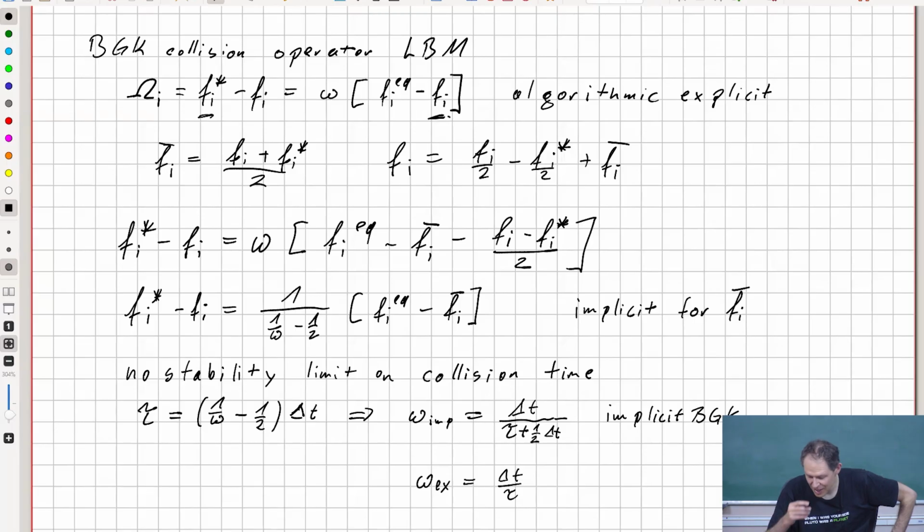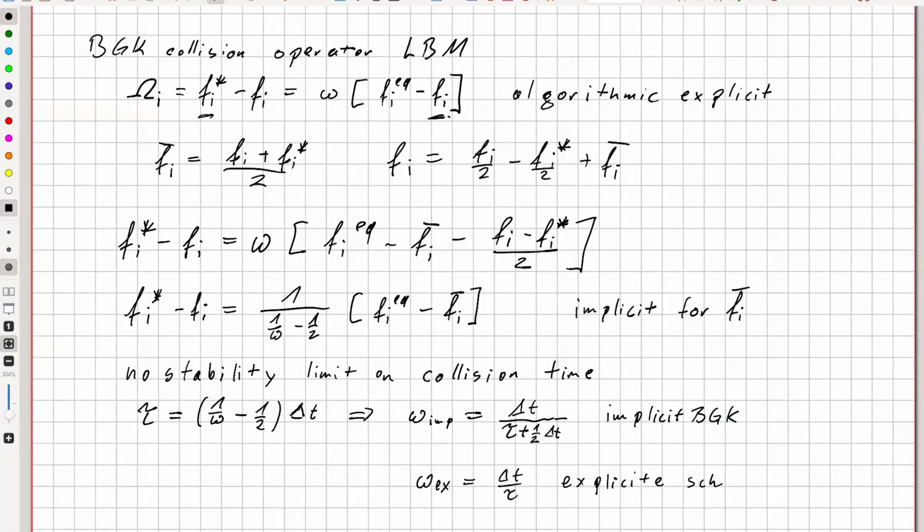This would be an explicit scheme where you don't have this strange change of variables that we are using.